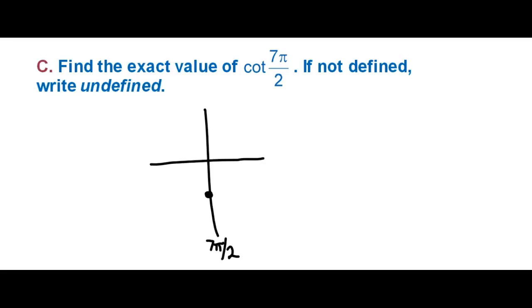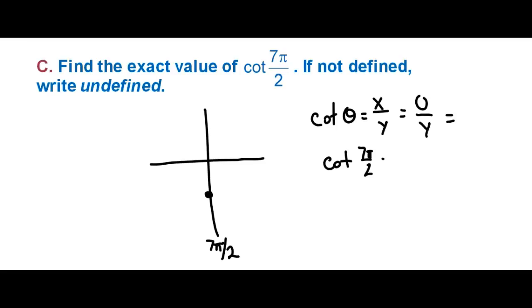So now, remember, tangent was y over x, so cotangent of theta equals x over y. So now, realize, again, x has to lie on this line here. So x is always going to be 0 no matter what we choose to put as our y value. So in this case, cotangent of 7 pi over 2 is technically equal to 0.